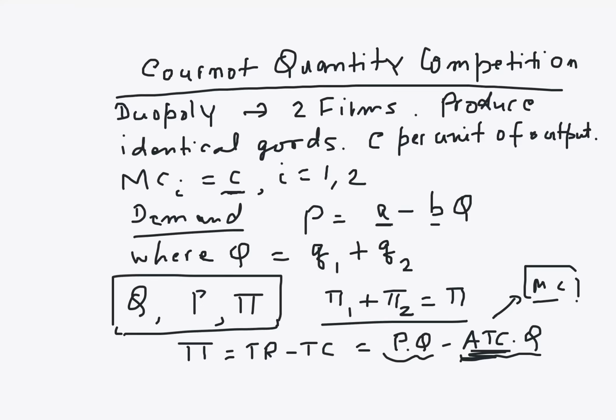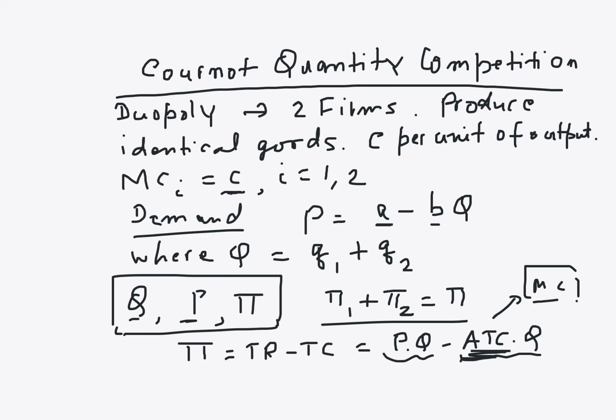Next, we are going to use the concept of Nash equilibrium, which you just learned, and apply it to the Cournot model here. So we are going to find the Nash equilibrium quantity, Nash equilibrium price, and profit, right? So how do we do that?